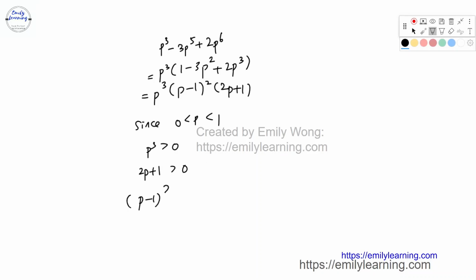P minus 1 squared will be greater than or equals to 0 for all real values of p because all square numbers are positive. It will not be equals to 0 because p is lesser than 1.